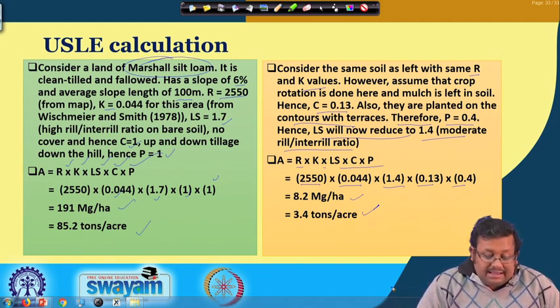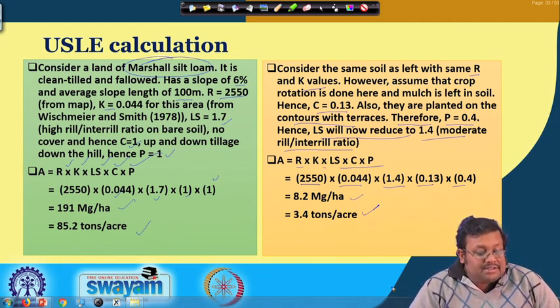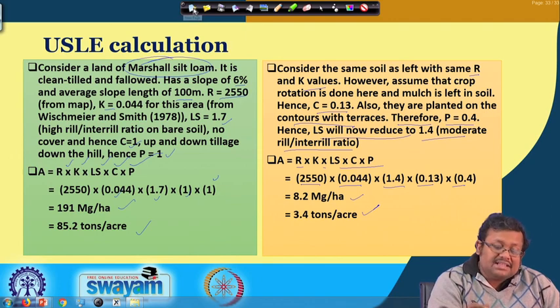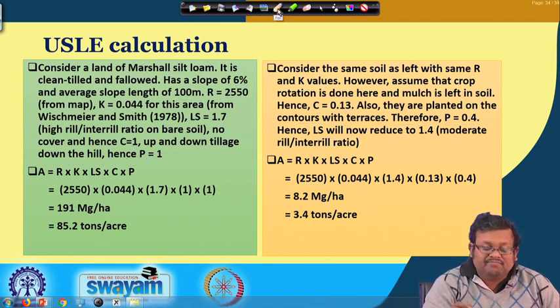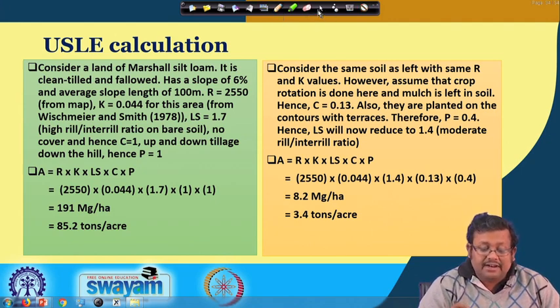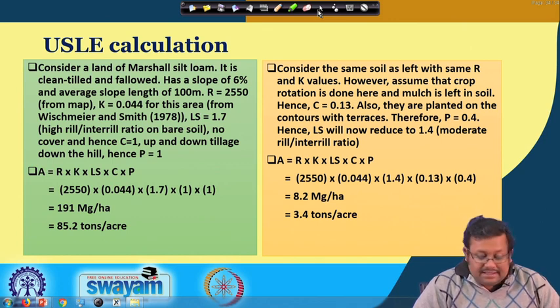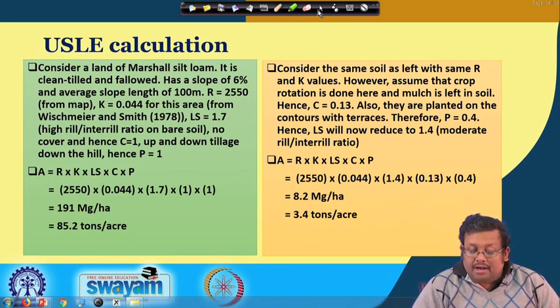So you can see that using the revised universal soil loss equation, we can take into account different management practices or modifications in management practices, and the ultimately quantified amount is different in the universal soil loss equation and the revised universal soil loss equation.